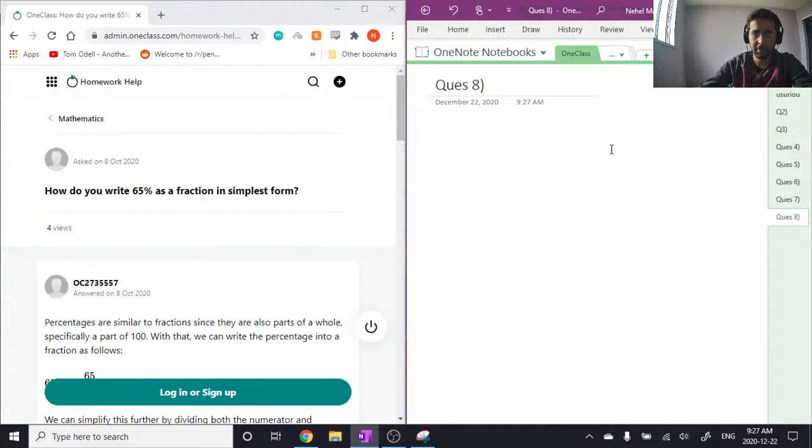How do you write 65% as a fraction in simplest form? Okay. So 65%. Step 1 is I need to remove this percent sign.